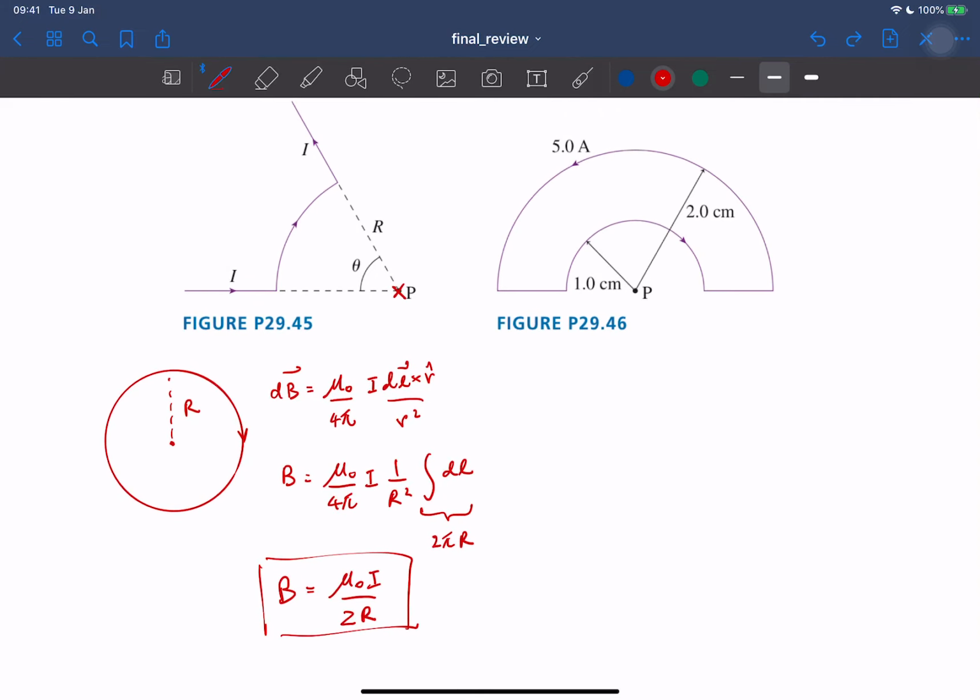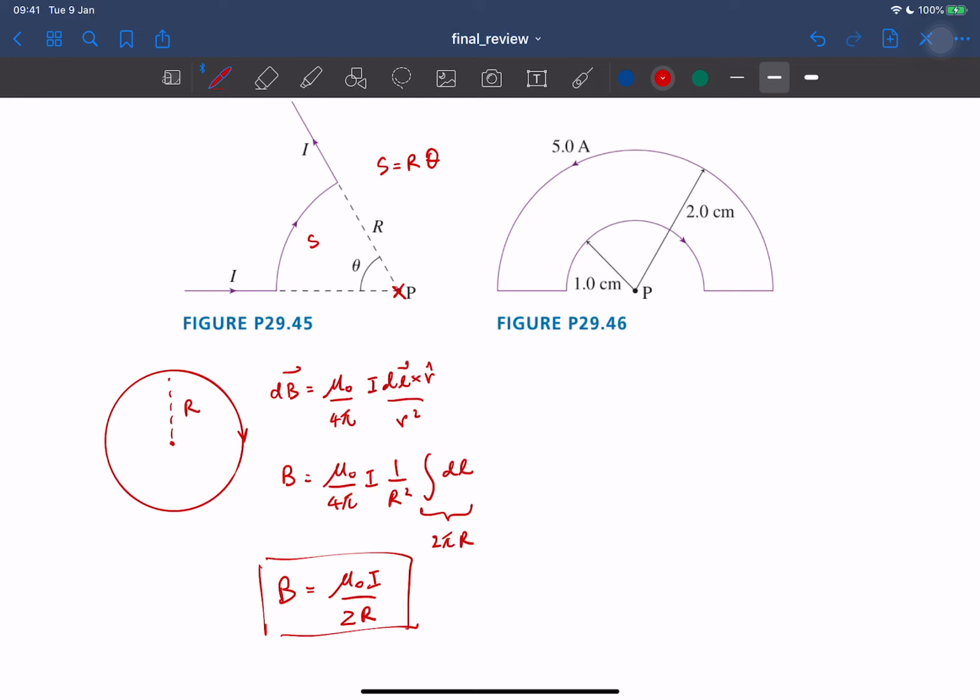So the only thing that you need to do here is to replace I with just the I from this section. If this I is the I for the whole loop, then the I on this section will be just the arc length, S here. S is R times the angle here, right? So it's just the ratio of the arc length to the whole circumference of the circle.